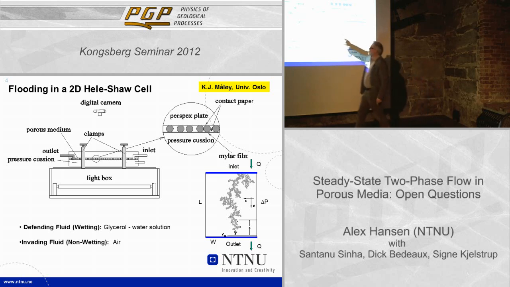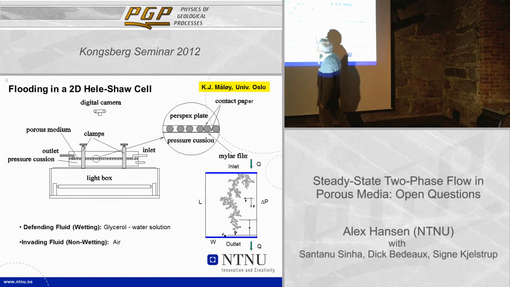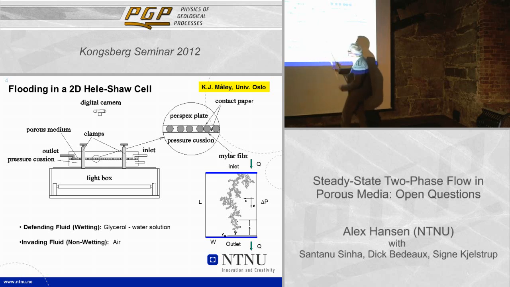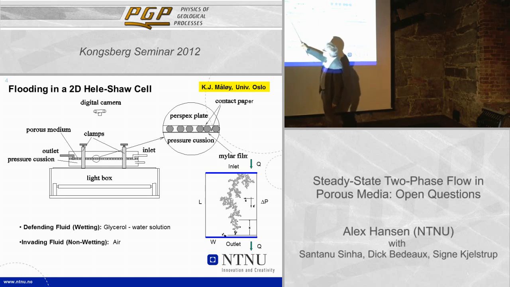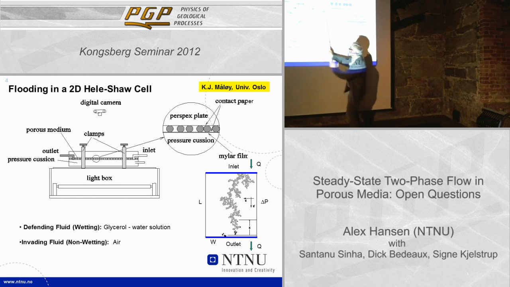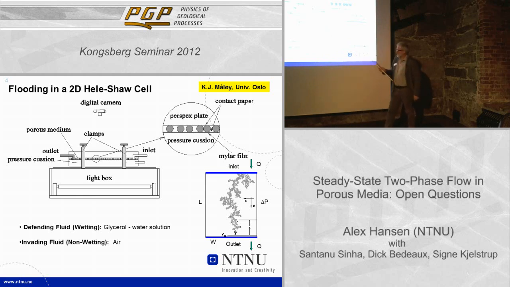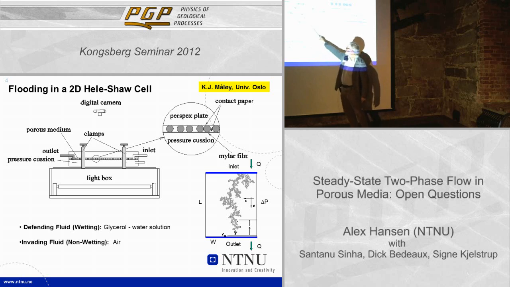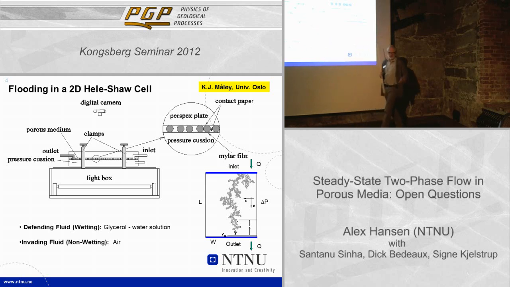And then you clamp it together like this, have a light box beneath, and then you inject liquid on this side and take it out on that side, and you have blocked off these sides here and on the other side. And typically what you will have is here a fluid already in the system, which in this case would be a glycerol water solution with the right mixing ratio, so that the glass beads become invisible.